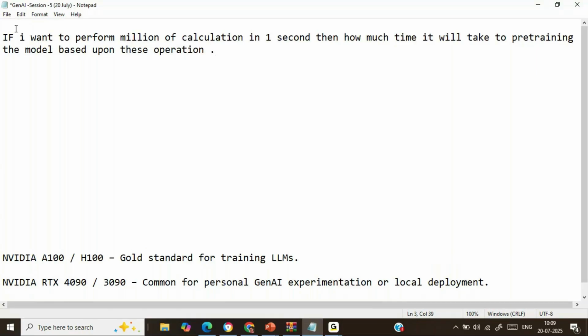You can think in this particular way: we have lots of applications running, and we need to pre-train our model based upon the transactions or operations that are happening. Say stock market operations keep going, and stock prices keep increasing or decreasing.